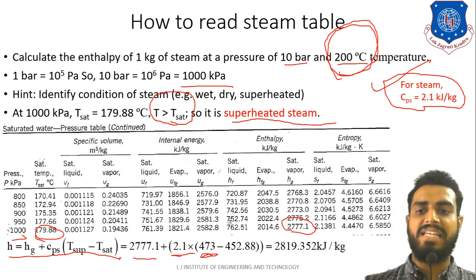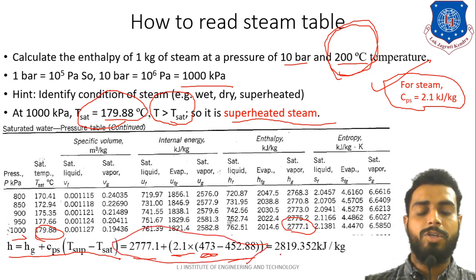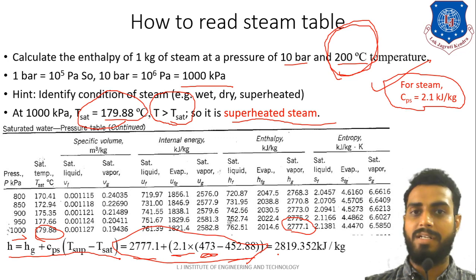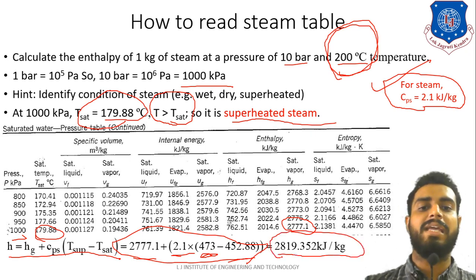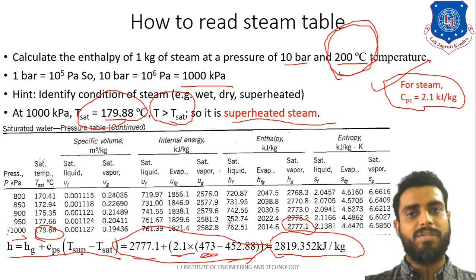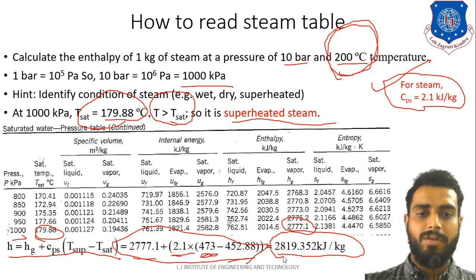T saturated, that is 179.88 degrees Celsius, converted into Kelvin is 452.88. If you do the calculation in a calculator, you will find the enthalpy of superheated steam at the given condition, that is 10 bar and 200 degrees Celsius, as 2819.352 kilojoule per kg. That is how you can find the enthalpy of superheated steam, right?